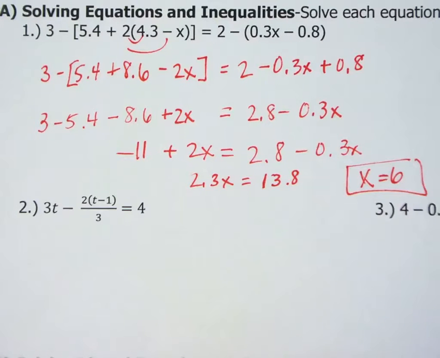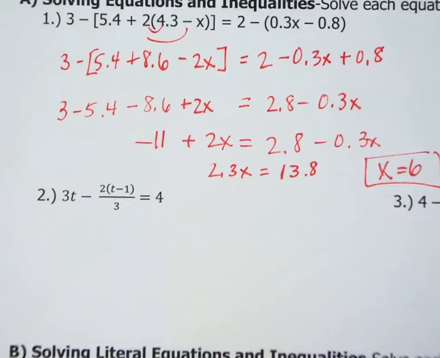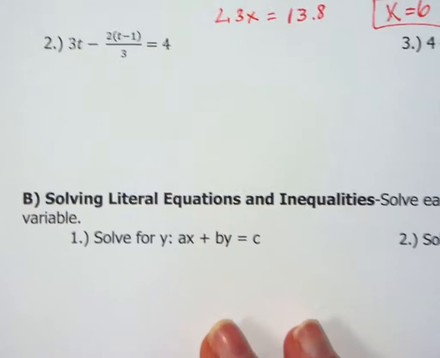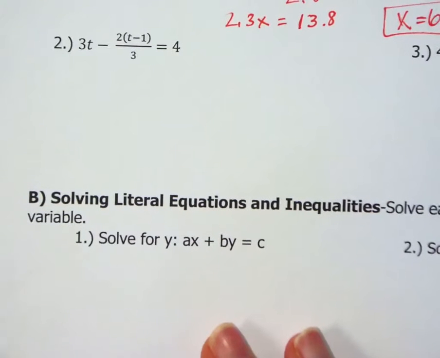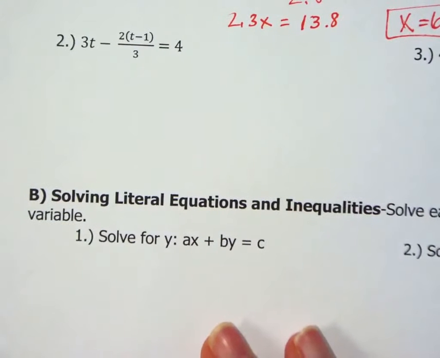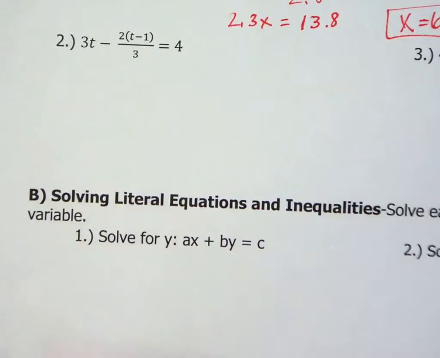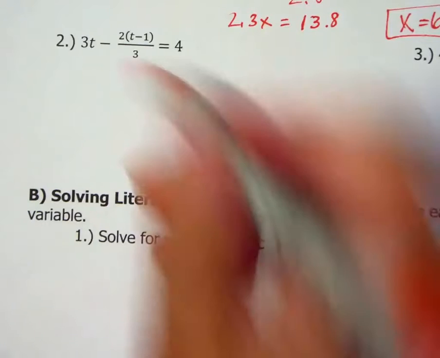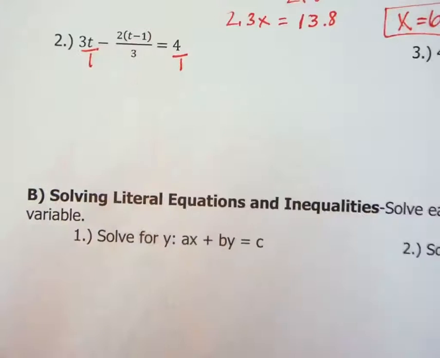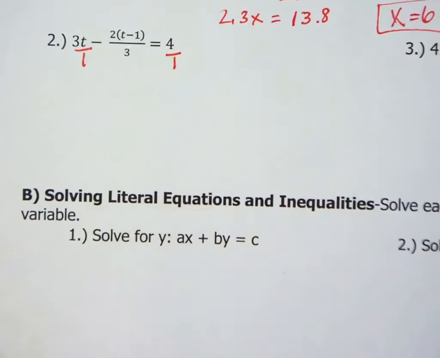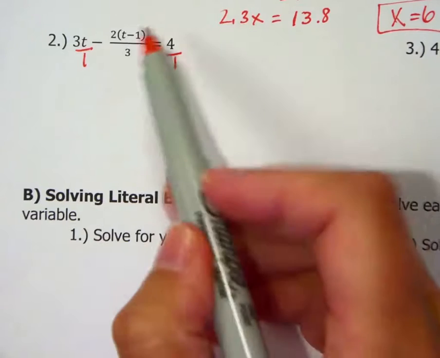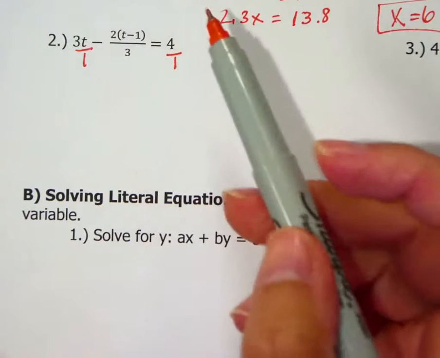If we look at the second example, what I would suggest on something like this, where one of your terms is written as a fraction, is to go ahead and make the other terms a fraction as well, because there are some common mistakes that happen when only one term is a fraction.